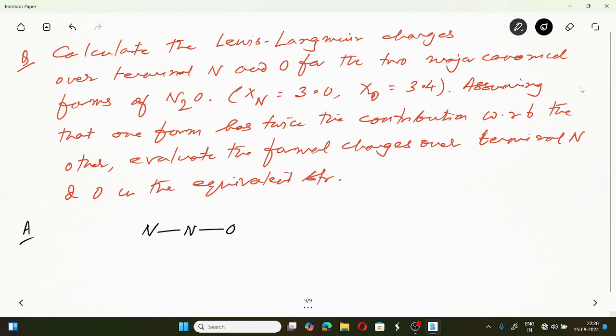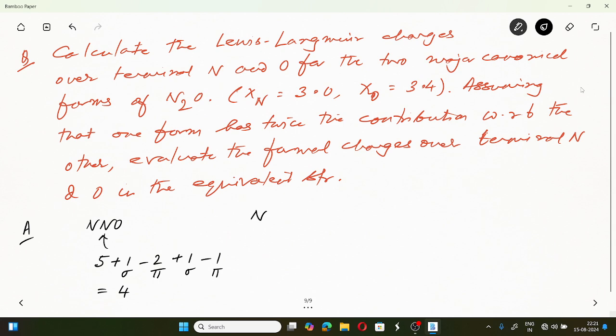I think we have discussed this in VSEPR theory. So let me tell you once again. If it is NNO, central nitrogen, 5. For terminal nitrogen, sigma pi, and for terminal oxygen, sigma pi. So it is 4, and 4 means linear.